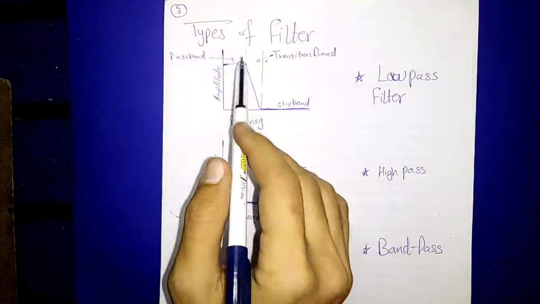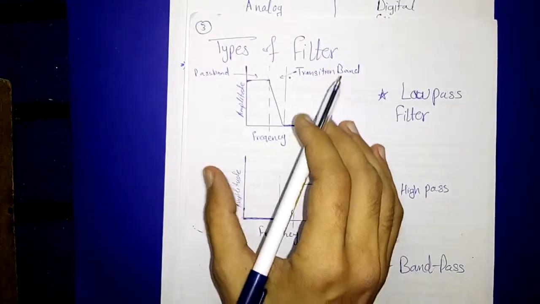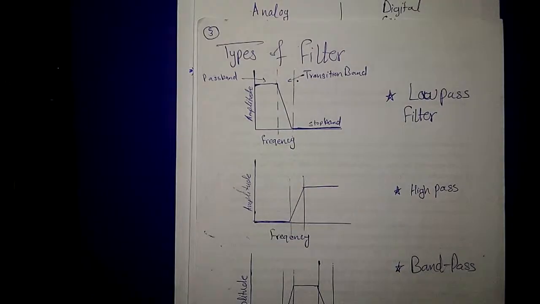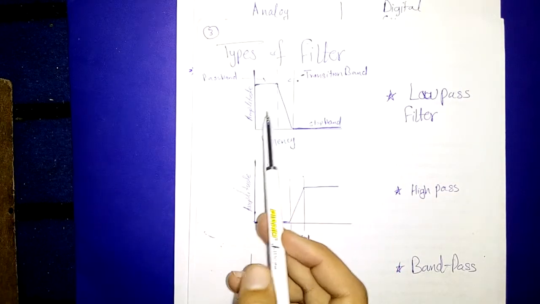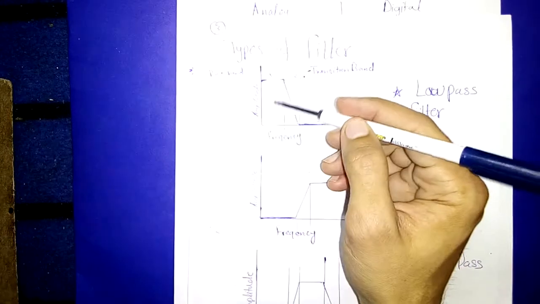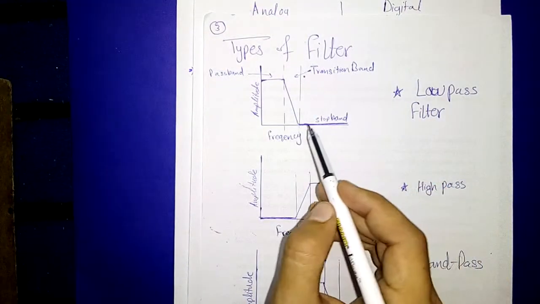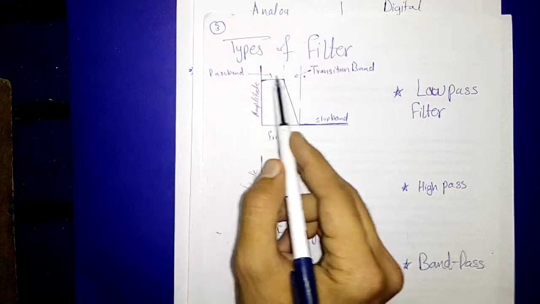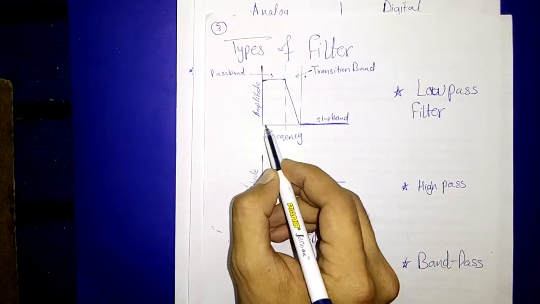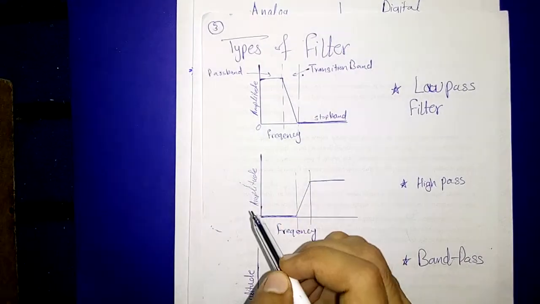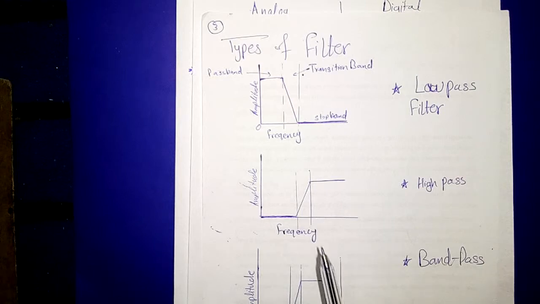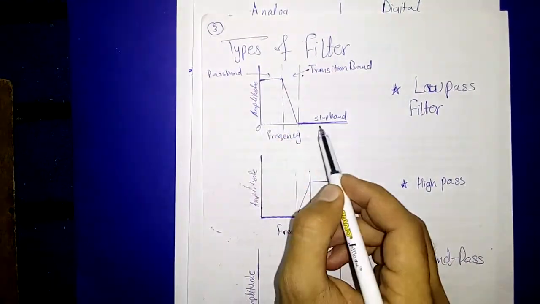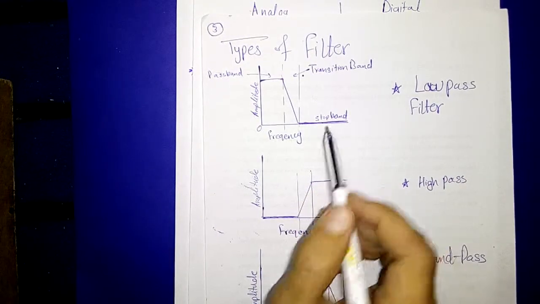The low pass filter allows the lower frequencies, the smaller frequencies, to pass, and then stops the higher frequencies. Here you can see the stop band and the pass band. Here the frequency will be low. Here is 0, the reference point. As it moves on, it allows the lower frequencies and stops the higher frequencies.